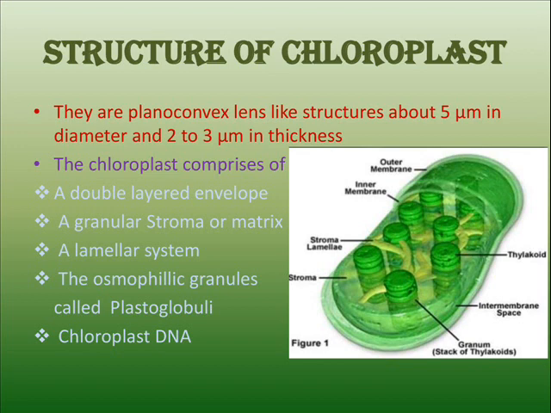The chloroplast comprises a double-layered envelope, a granular stroma or matrix, a lamellar system, the osmophilic granules called plastoglobuli, and its own unique special chloroplast DNA.